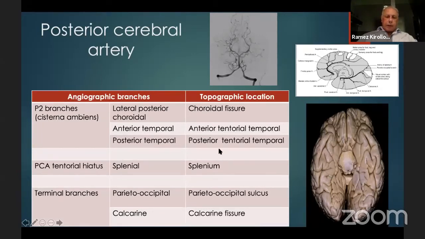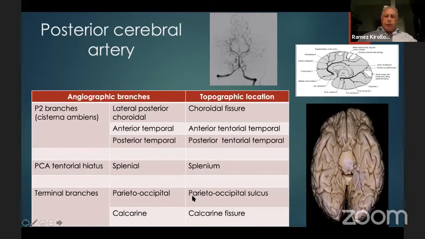And then just at the junction between the ambiens and the quadrigeminal segments, you get the splenial artery, or as Igor called it, the posterior callosal artery, which is important because we operate on a few corpus callosum AVMs, and that becomes an important feeding artery.